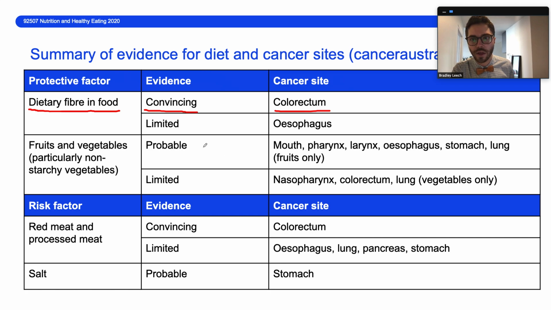Another convincing risk factor here is red meat and processed meat. There is convincing evidence that red meat and processed meat are risk factors for colon cancer. Just focus on those two rather than the others for this slide.